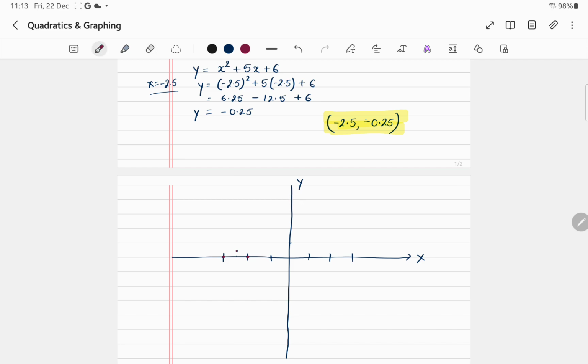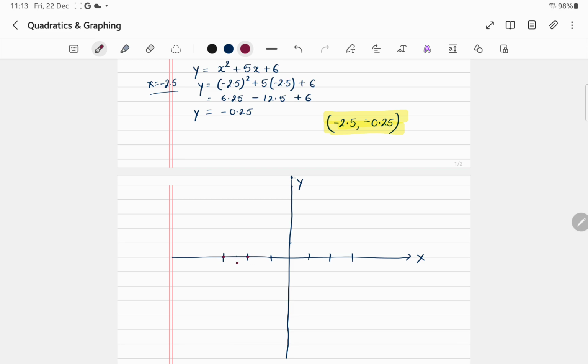So let's put 6. That is 1, 2, 3, 4, 5. We need one more, so let's extend it and suppose that the point on top is 6. Now, this was minus 2.5, my mistake. Our vertex was minus 2.5 here and minus 0.25, so that should come down this way. My mistake, sorry.